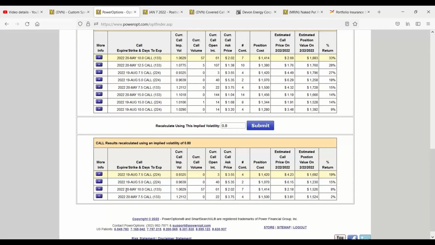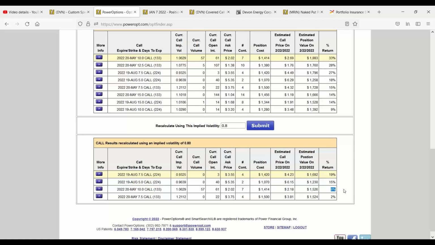It's not even on the list. Oh, there it is. The May 10 call would now only have an 8% return. It wouldn't be worth $269 on February 22nd using an implied volatility of 1.0629. Using an implied volatility of 0.8, it would only have a value of 218 or a return of 8%.